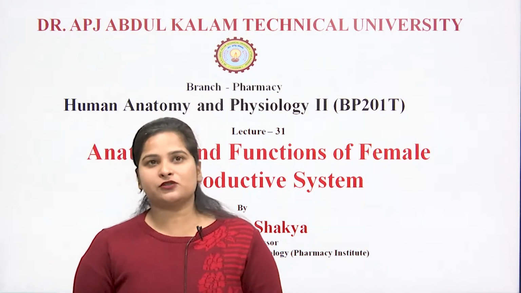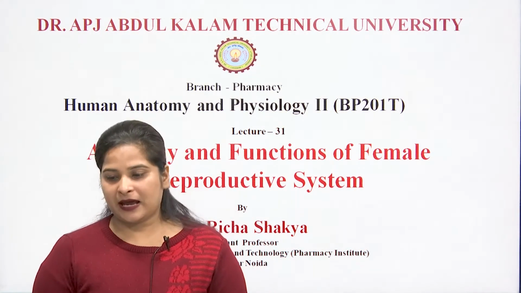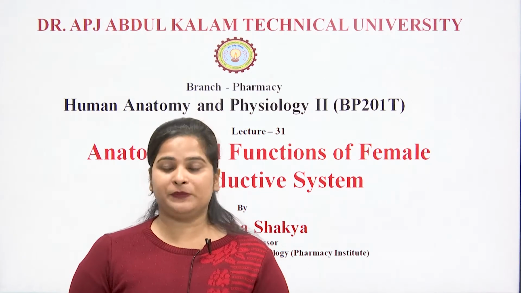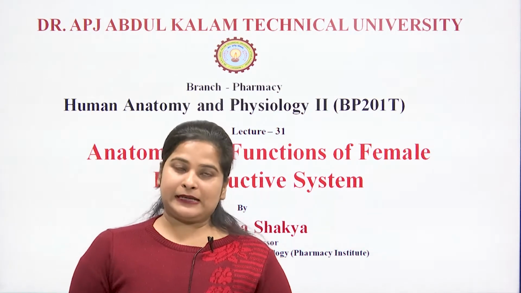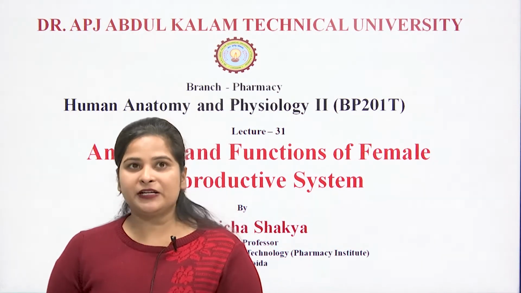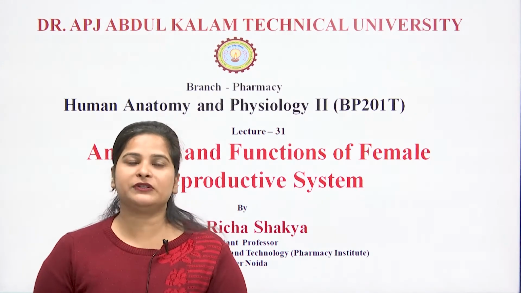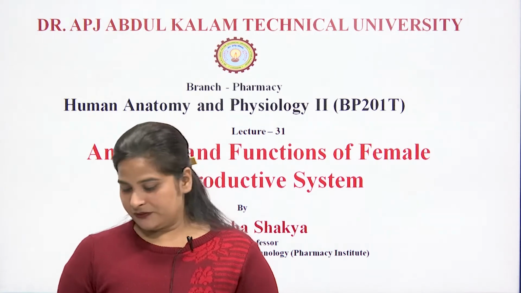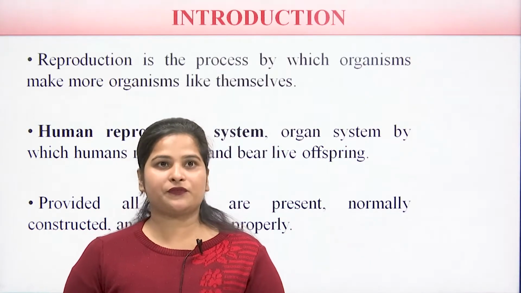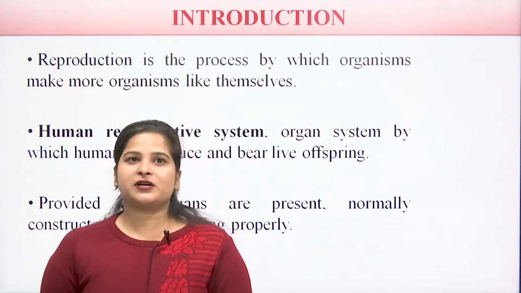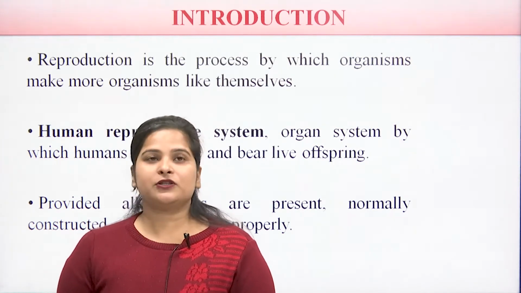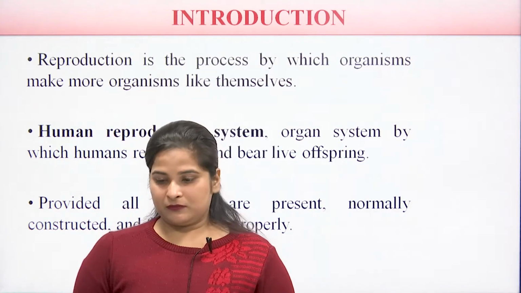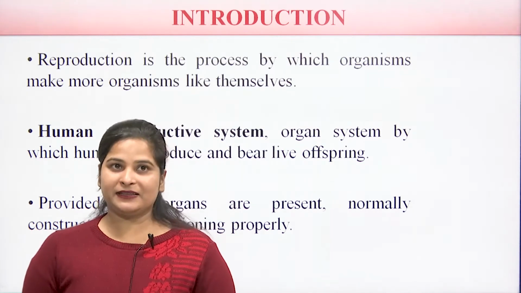Today's topic is the anatomy and functions of the female reproductive system. In the last lecture we discussed the male reproductive system, and now we discuss the female reproductive system. We again start with the introductory part. Reproduction is a process by which organisms make more organisms like themselves.